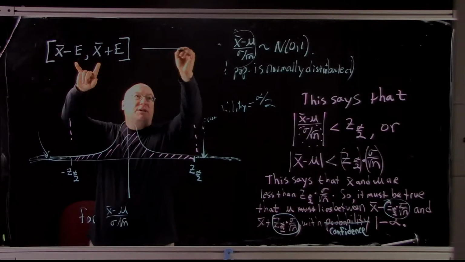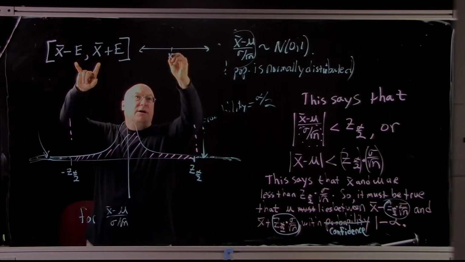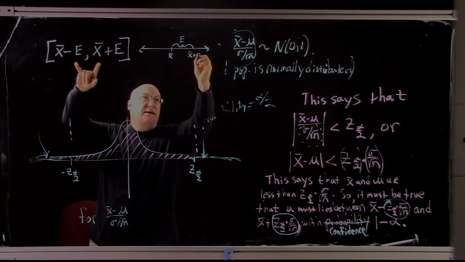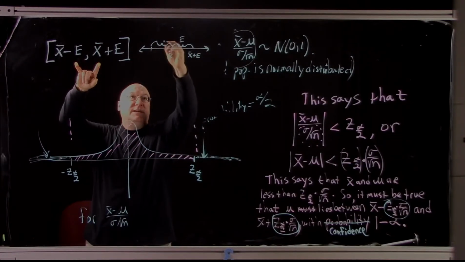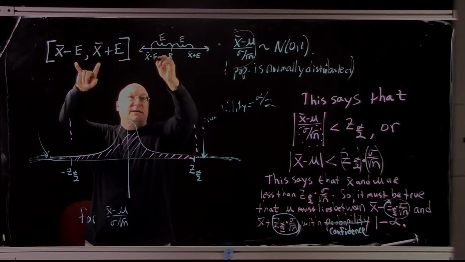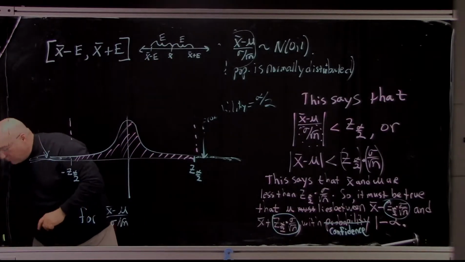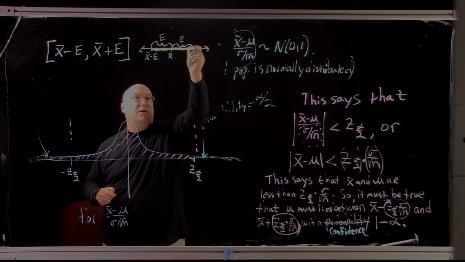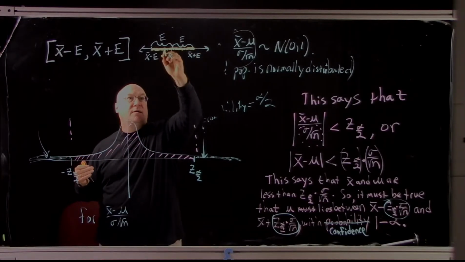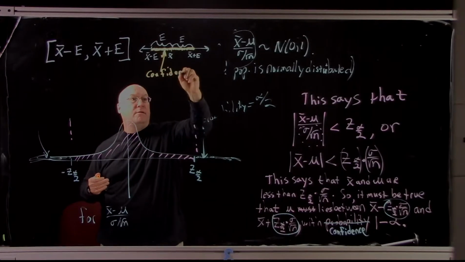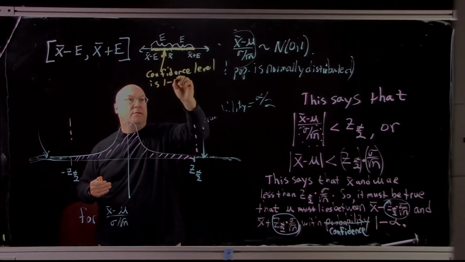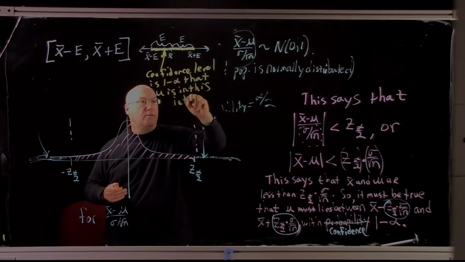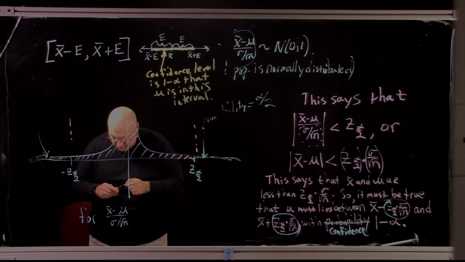On the number line, here's x bar, and if I go up a distance E, I get x bar plus E. And if I go down a distance E, I get x bar minus E. And what I'm saying is that the value of mu is somewhere in between here, with my confidence level being 1 minus alpha.